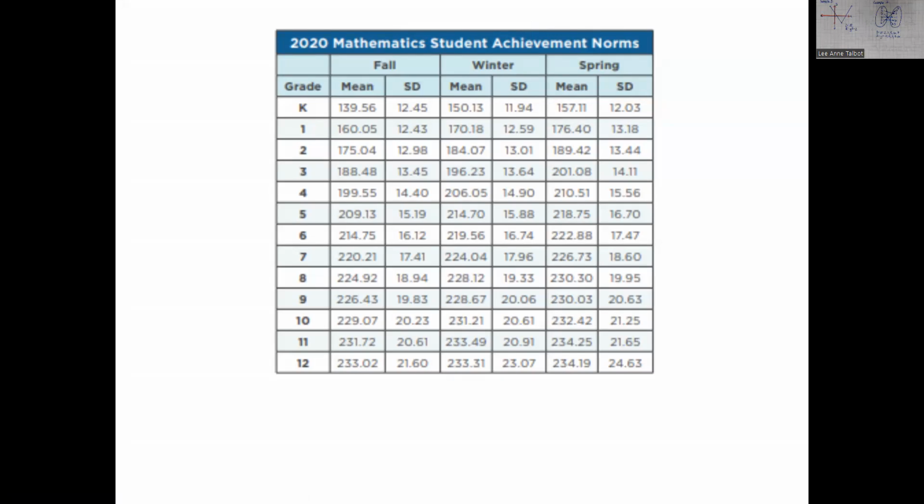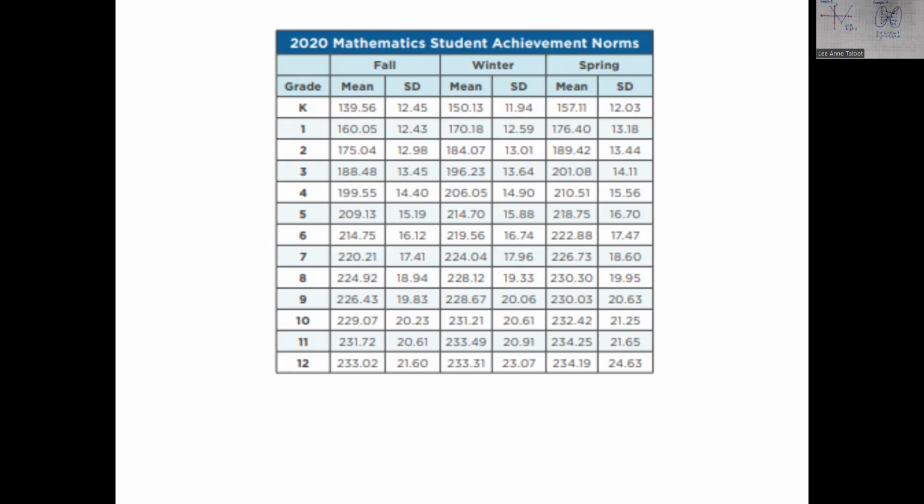So this is everyone. You got to imagine, it's everyone that takes this test in the 12th grade, everywhere. So this is like their average in the fall. And so the average of 11th grade is 231. The average of 10th grade is 229, and the average of 9th grade is 226. So if you guys are in 9th grade and you got above 226, that means you did above average, which is great. So I just wanted you guys to know that. I think most everybody did really well, and I was really happy about it. So you should be happy.